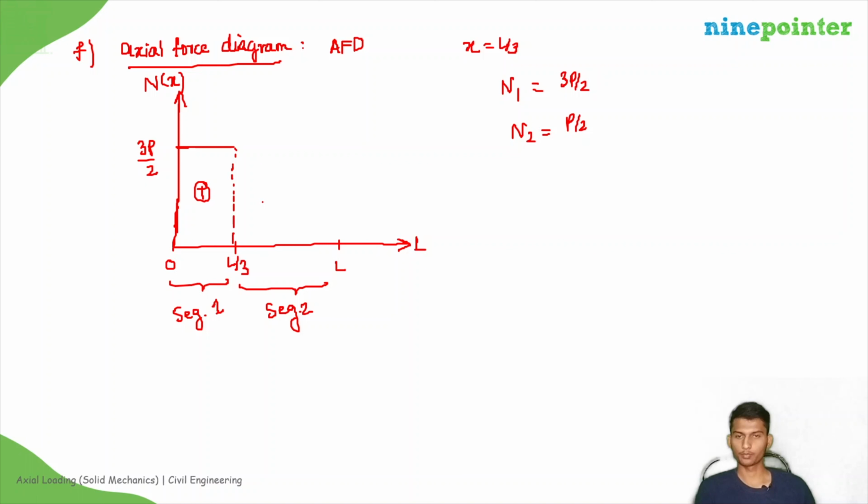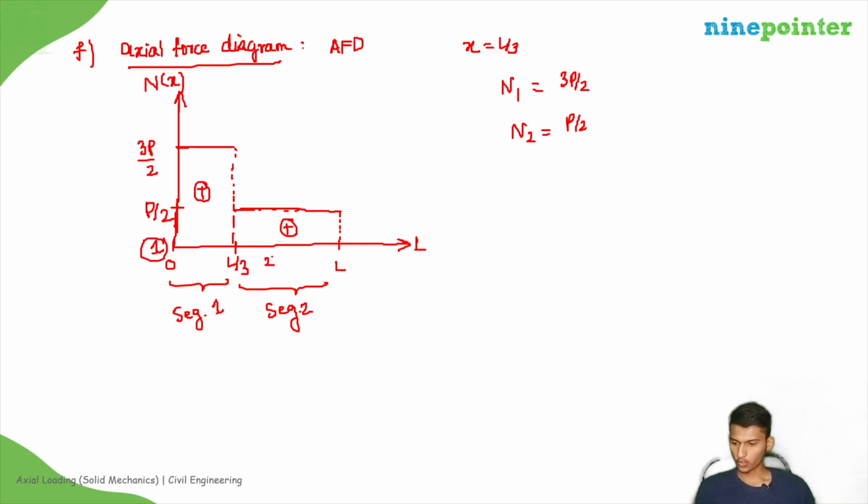So assuming P is positive, okay, and this is P by 2. Okay, this is the axial force. So this is point 1, this is point 2, this is point 3, right?